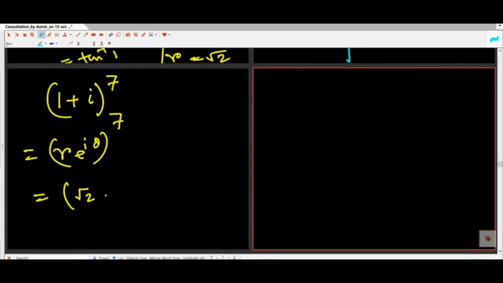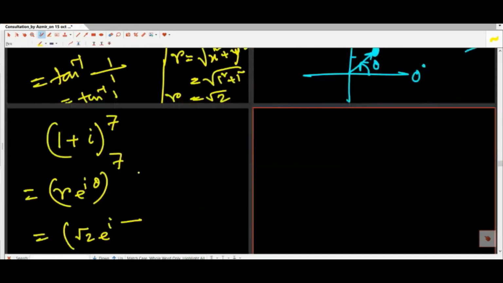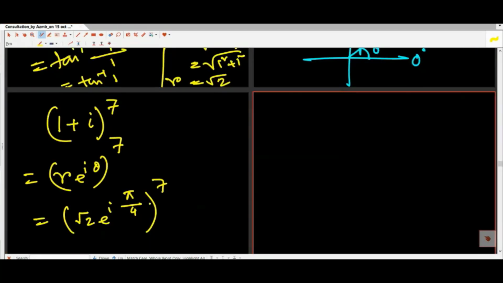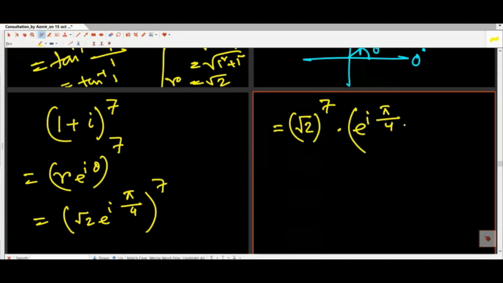So square root of 2 times e power i theta, with theta pi over 4, all power 7. So (square root of 2) power 7 times (e power i pi over 4) power 7. How have I written this?